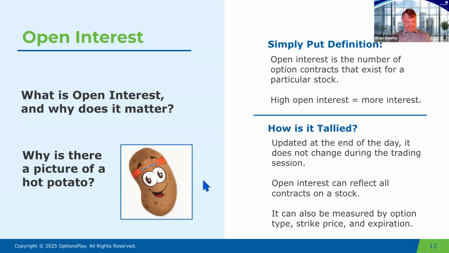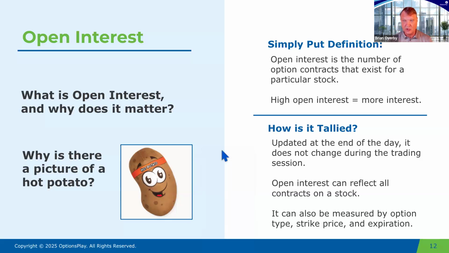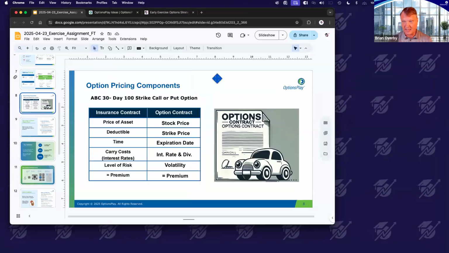So, I want to talk about a couple of landmines that happen with exercise and assignment. But let me slide back, and I'm getting a little bit long in the tooth here. I'm going to jump back to this slide and open that slide up.